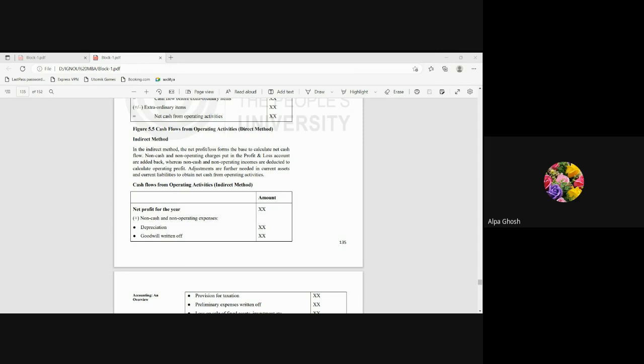So we prepare cash flow statement on the basis of three activities which is performed in the organization. It is cash flow from operating activities. When we use the word flow, it means that it includes inflow also and outflow also. When we say it is cash flow from operating activities, it means that it is the balancing figure which is a result of all cash inflows minus cash outflow.